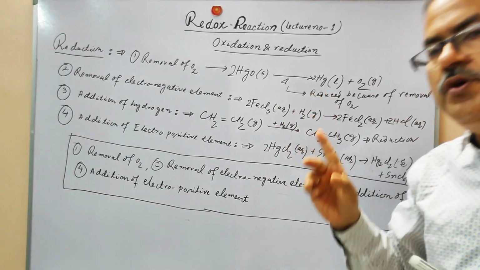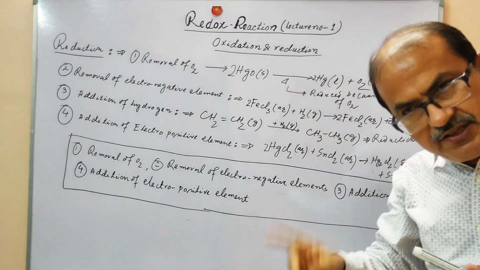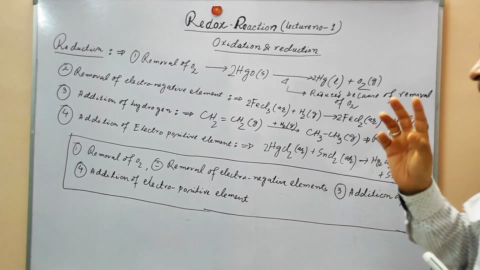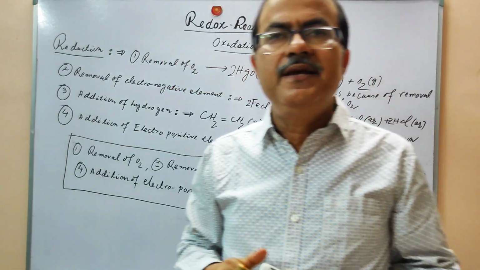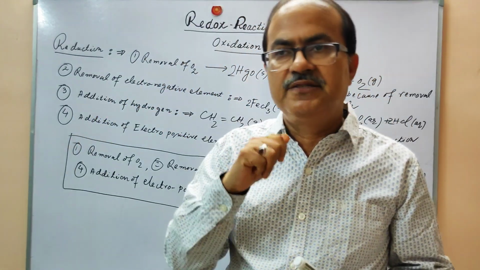Number 2, the removal of the electronegative element. Number 3, the addition of hydrogen. And number 4, the addition of the electropositive element. Okay, so we understand what is oxidation and what is reduction.